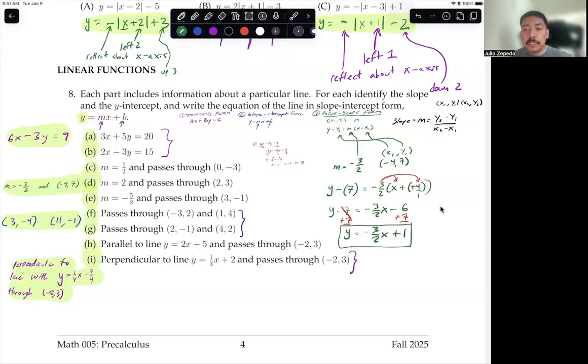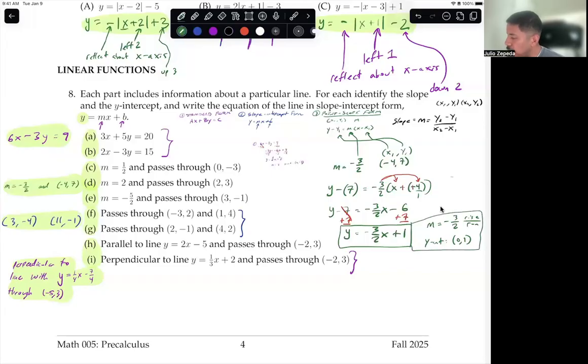That is our slope-intercept form. Our slope is negative 3 halves. That's known as the rise over run if you wanted to graph this. And the y-intercept, the starting point, if you will, is 0, comma, positive 1. And that's our answer.